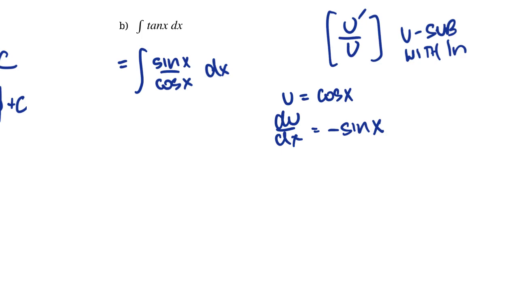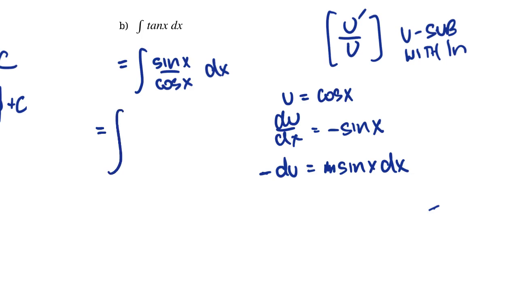I can do that by bringing the dx to the other side, and I'm going to get du equals negative sine x dx, right? And look what's in the top. We have sine x dx. Okay, well, we have the negative here. Easily we can just move that negative to this side, right? So that negative goes on the other side, so we can replace this sine x dx with negative du.